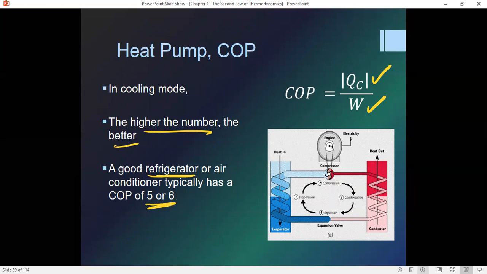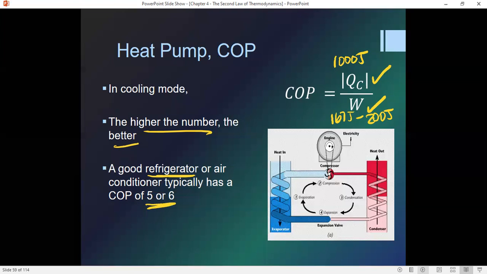And that basically means that to move 1,000 joules of heat from the inside, it's only going to take between 167 joules to about 200 joules of work. So you can actually move much more heat than the actual work that you need.